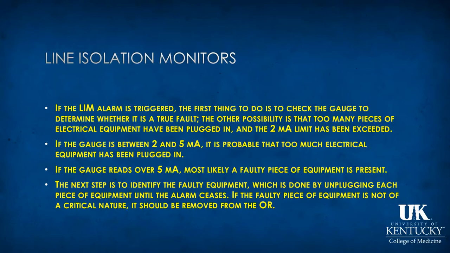If the gauge reads over 5 milliamps, for example, it's most likely that a faulty piece of equipment is present. When a line isolation monitor alarms, it's necessary to identify the faulty equipment, which is usually done by unplugging each piece of equipment until the alarm ceases. And using common sense, if the faulty piece of equipment is not of a critical nature, it should be removed from the operating room.